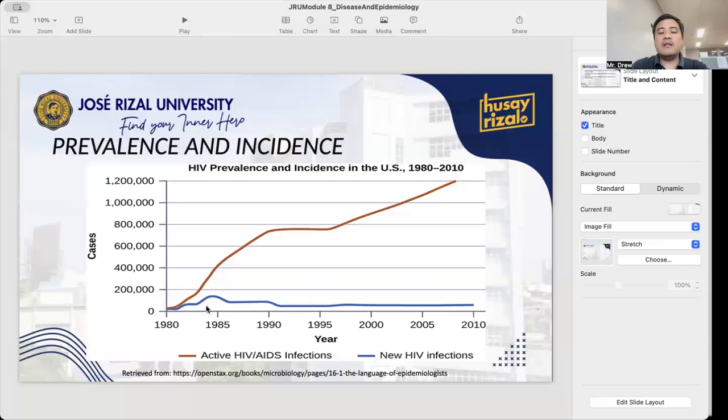But you can see that the cases of new HIV infections are going lower, and reached a certain plateau because of the advancement of our technology. People are more aware of HIV, so they have sexual intercourse safely. And then we also have what we call PrEP. This is a medicine that can protect you from HIV.